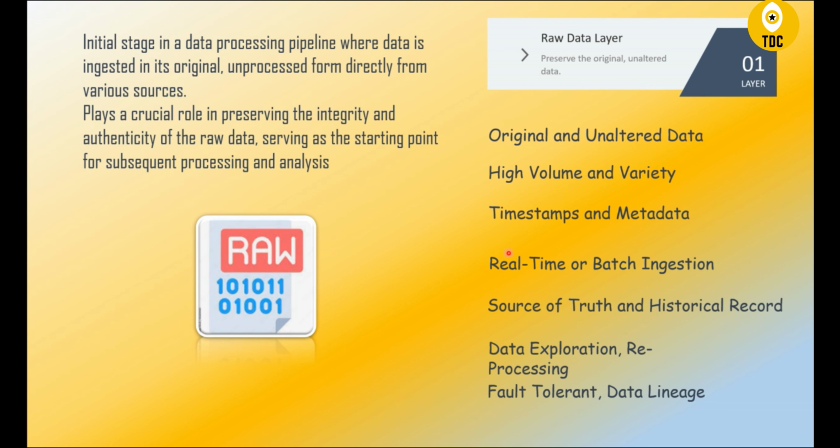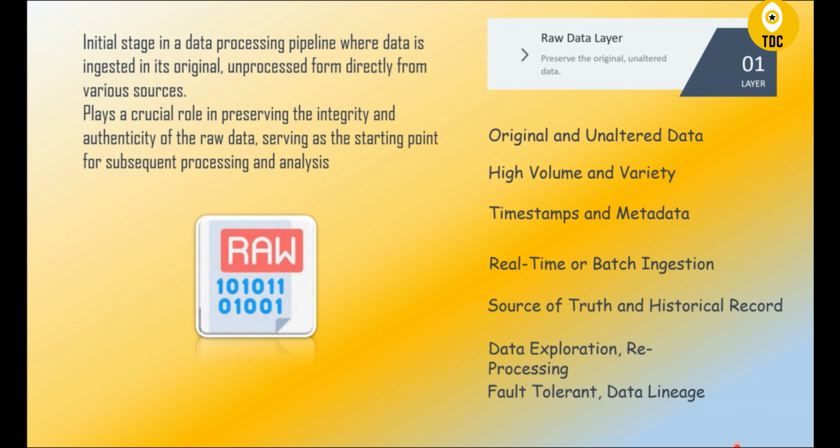Here all the timestamps and metadata of the raw data are maintained so that they can be used for further data triaging or to maintain data lineage. This concept applies to both real-time processing and batch processing, both kinds of data ingestion, and it is the source of truth and historical data.